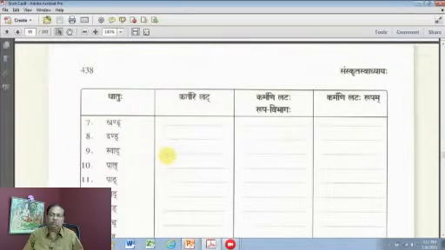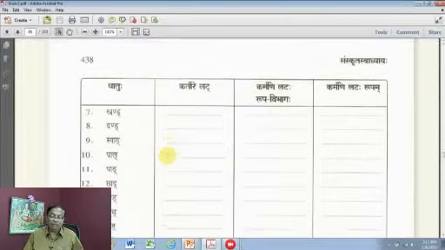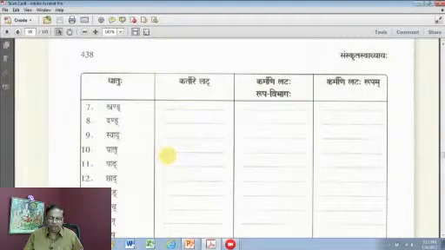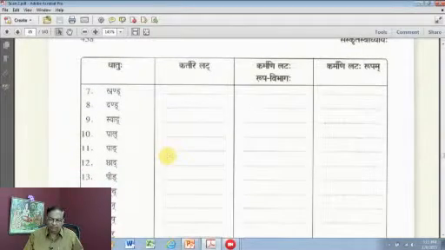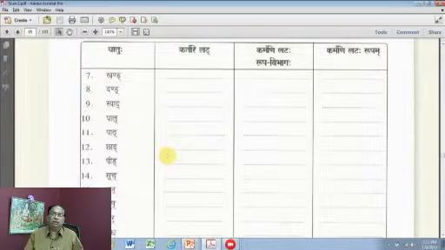Dandyate means is punished. Khandyate is broken. Nine. Swada to taste. Swadayati, swadyate, is tasted. Ten. Pala, palayati, palyate, is protected. Pathayati, pathyate. Pathyate is taught.